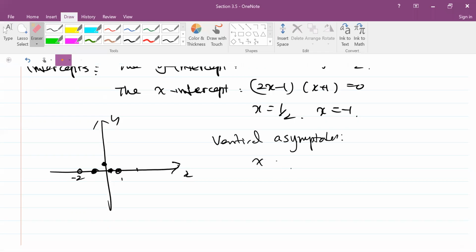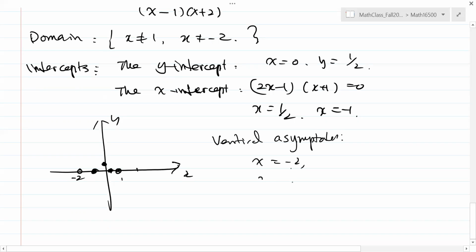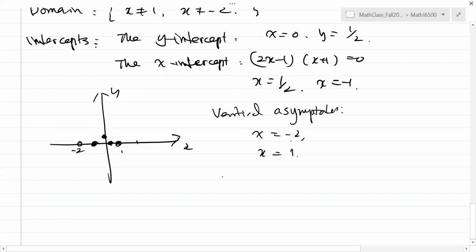The two vertical lines. Then the horizontal asymptote. So we need to find the limit as x goes to infinity.